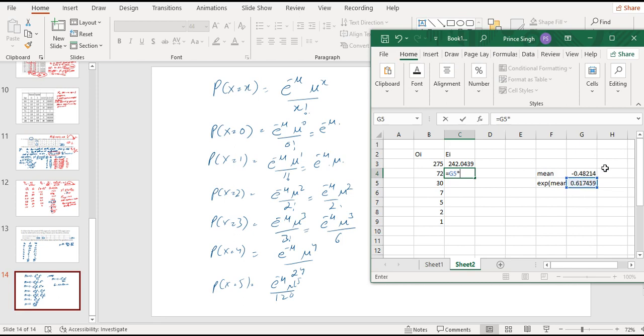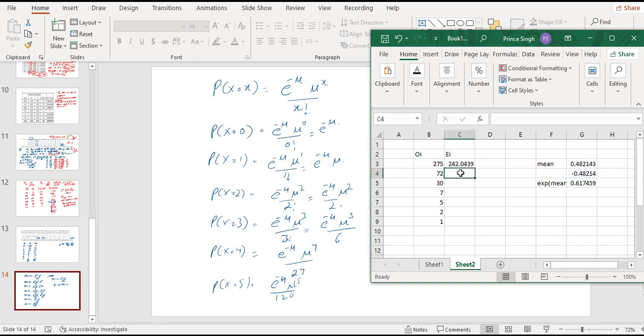What is the mu we need to consider here? Okay, wait, we need to consider this is not the mean value. The mean value is a positive one. Mean is equal to minus of this value, right?